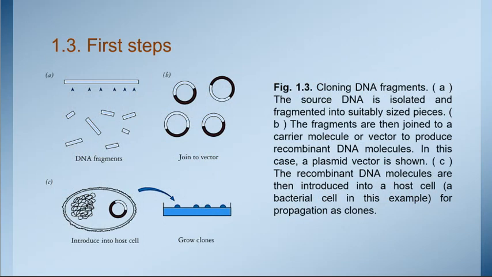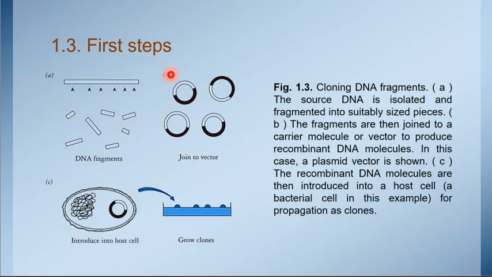So here in Figure 1.3, you can see the cloning steps. Cloning DNA fragments. In A, you can see the source DNA that will be cut by enzymes into suitably sized pieces.